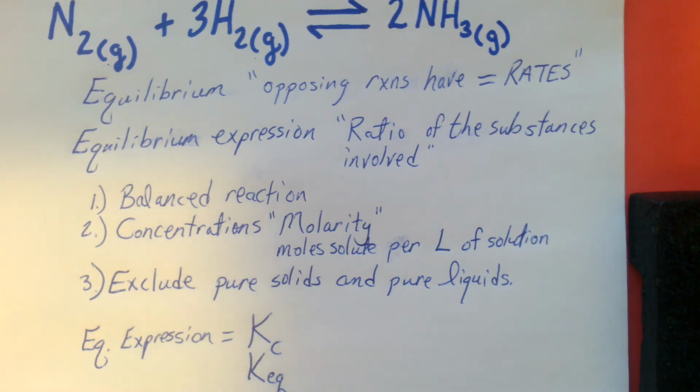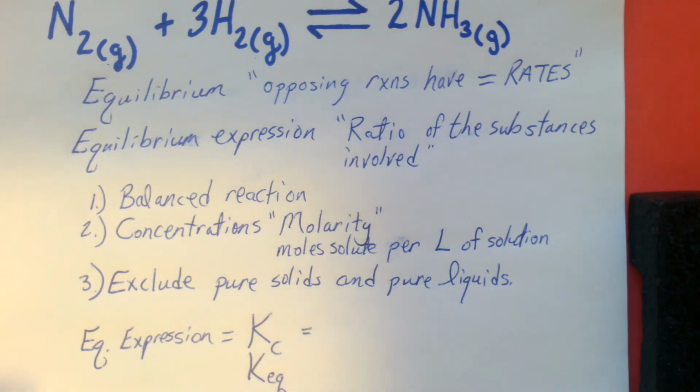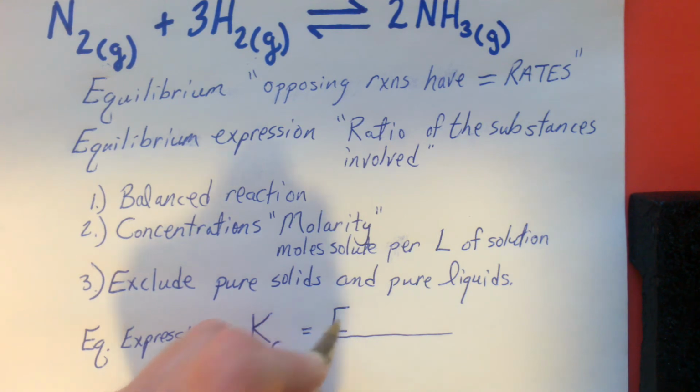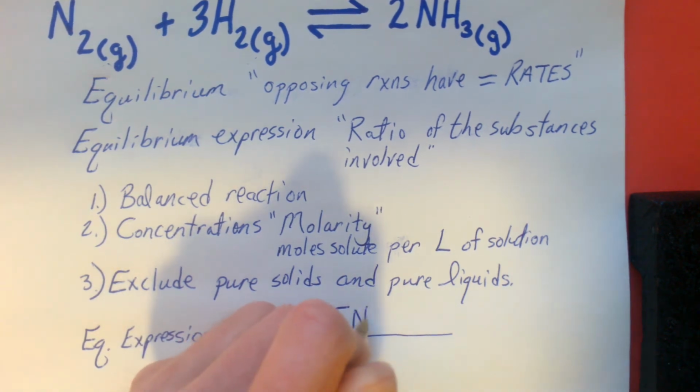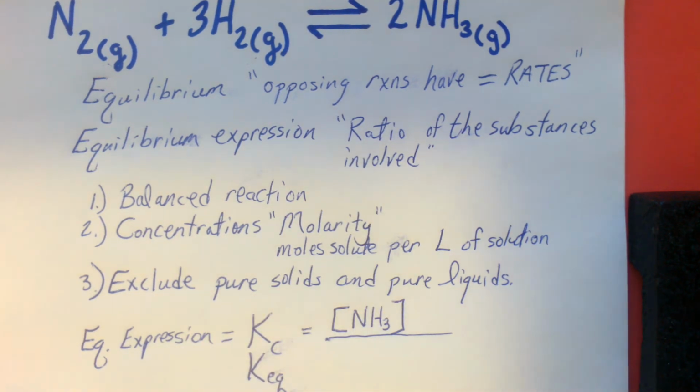That's fine. They're often used interchangeably. And this expression is a ratio of the concentration of the products, and with concentrations we define them by square brackets. So ammonia is a product. Notice I'm using square brackets to define molarity to help me remember that.